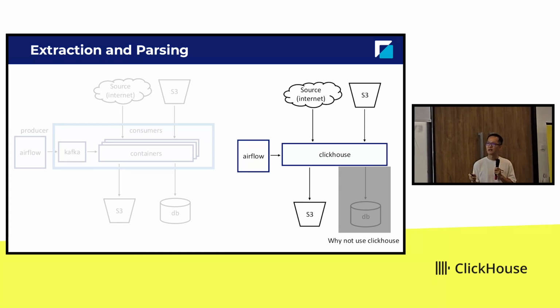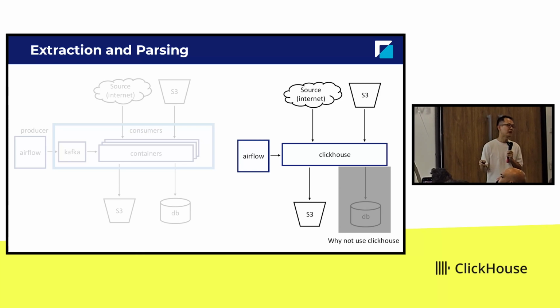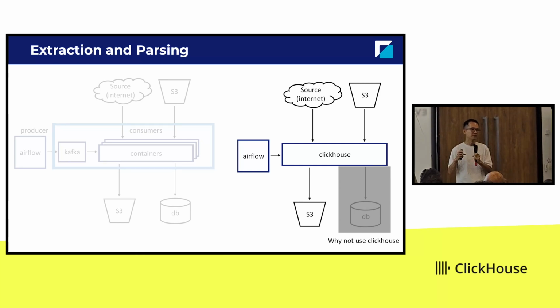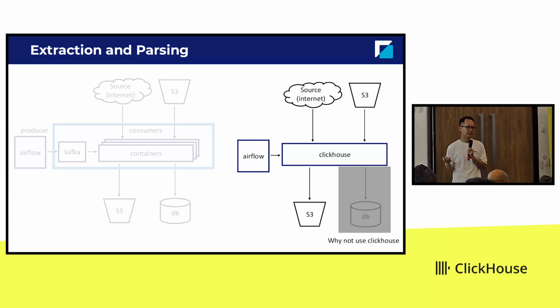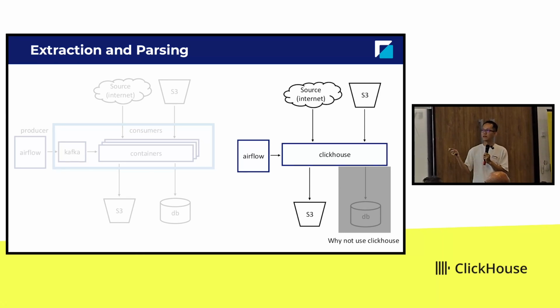So we realized we can actually do this part and replace it with ClickHouse. So we do not have the Kafka anymore. From the distributed engine, we actually put it as centralized. Not that it's one place, but ClickHouse also does its distribution. So we do the same thing from the source, the open internet, to the S3 bucket, and then from the S3 bucket into the DB.